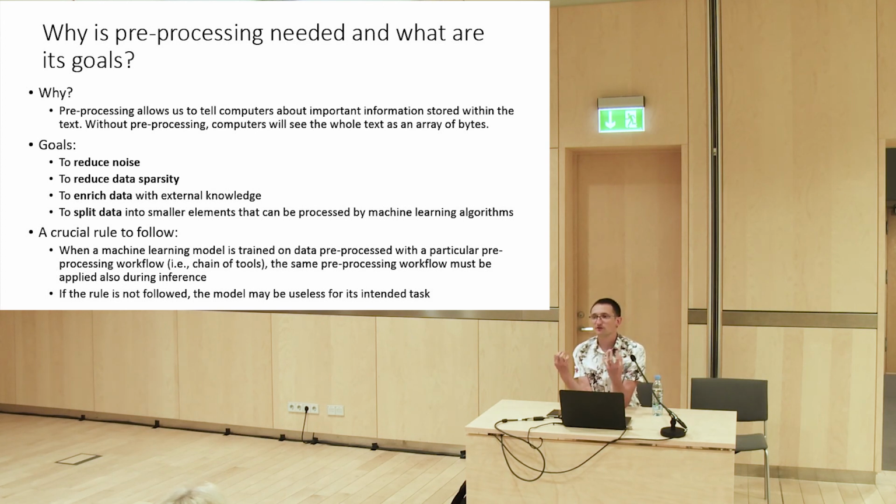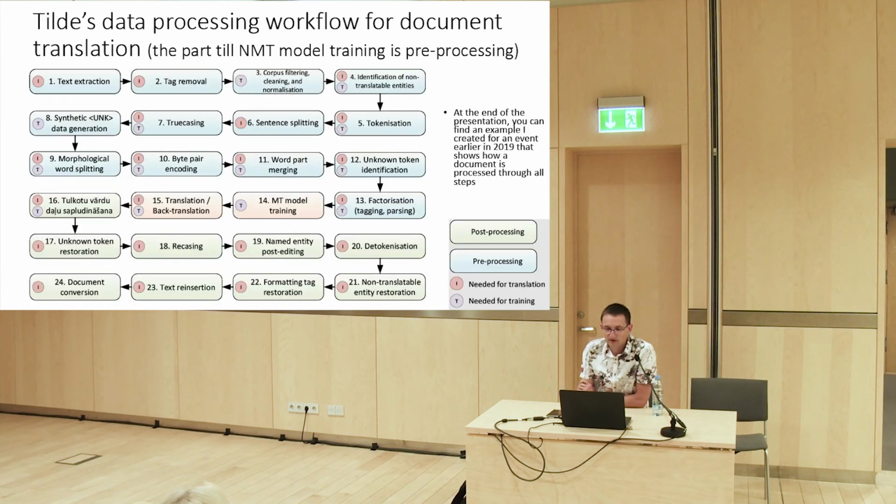We first need to inform the program that this sequence of bits, please analyze as one single unit. So we need to figure out what those single units are. And the whole process for document translation in Tilde looks like this.